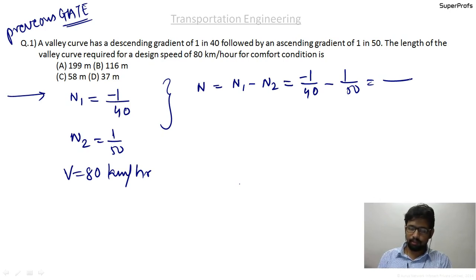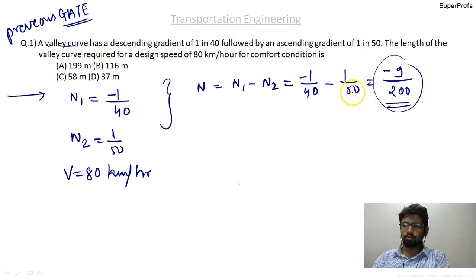So it comes out to be minus 9 by 200. Since we get a negative value, it is a valley curve, and we got this confirmation. Now we will have to use the formula for the length of the valley curve.